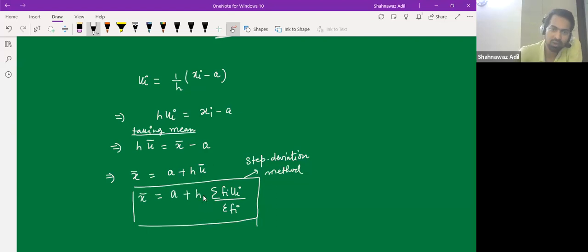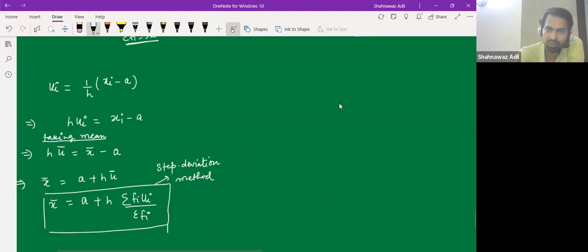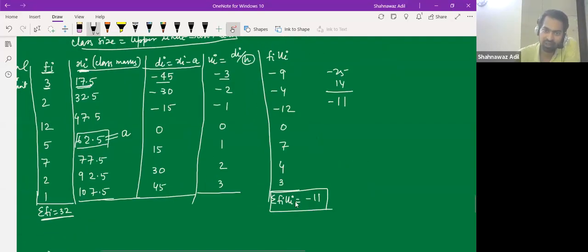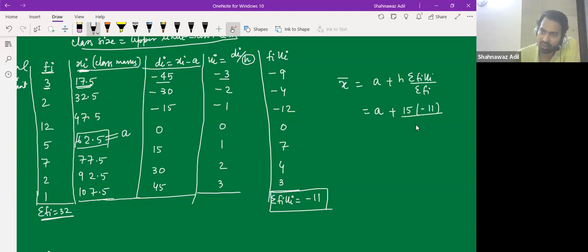So your mean would be, from here you have calculated summation of FiUi, right? So then you need to calculate mean, which is A plus summation of FiUi times h divided by summation of Fi. So this is A plus, h is 15, and then minus 11 divided by 32.